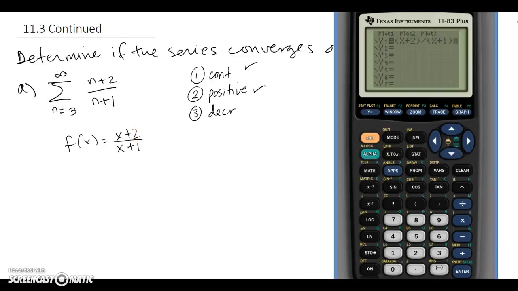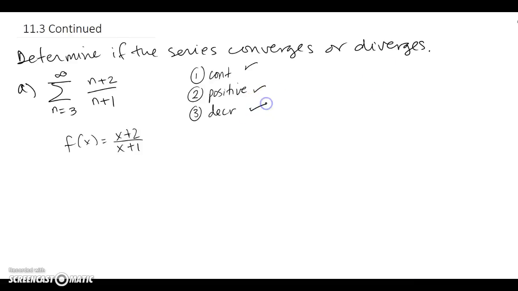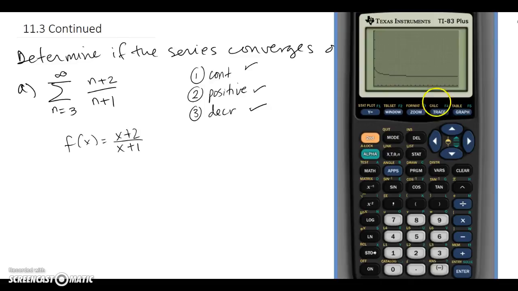So if I'm looking at the graph, I just put my calculator back in function mode, and if I graph this, we see that from 3 on, for sure it's decreasing, continuous, and positive. So the decreasing sort of checks out too. And again, I'm not formally showing it, I'm just eyeballing it, seeing it looks like it's going to be decreasing from then on.